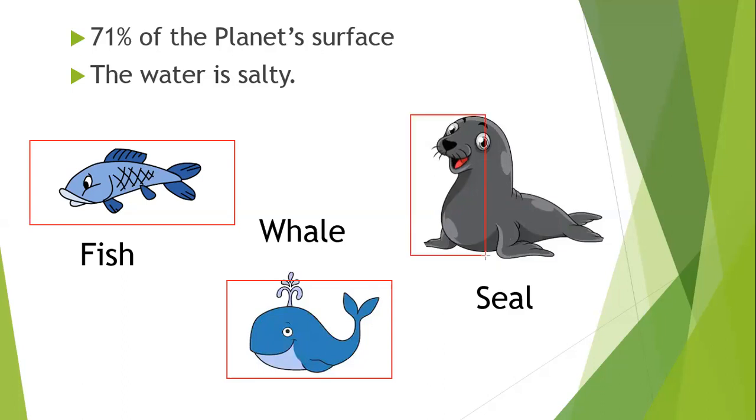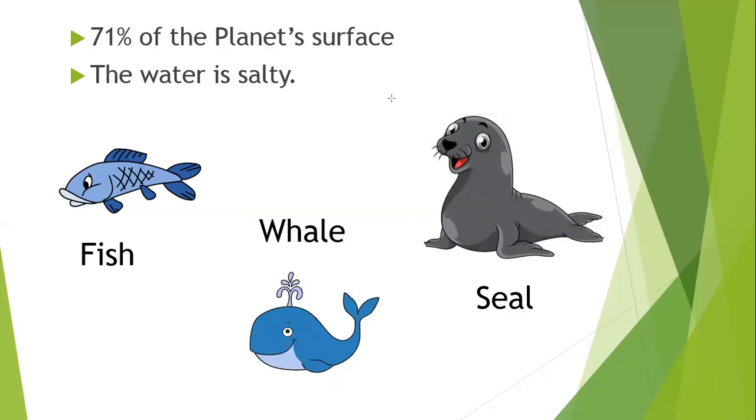So, what about a seal? What can a seal do? A seal can clap. All right. A seal can catch fish. All right. A seal can do a lot of things. All right. But remember, these animals make their habitat in the ocean. That is where they live.